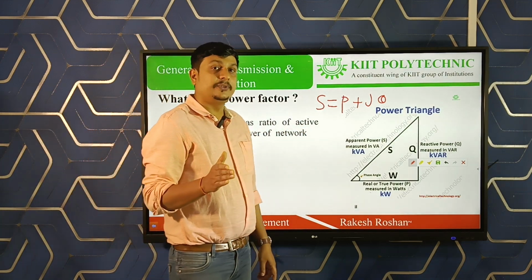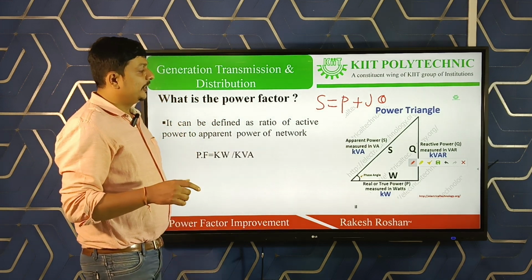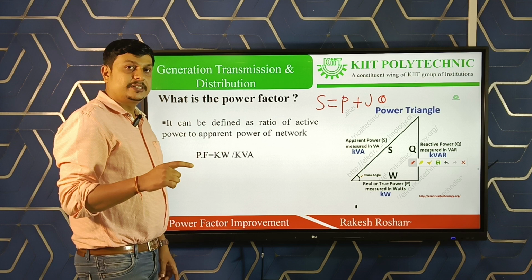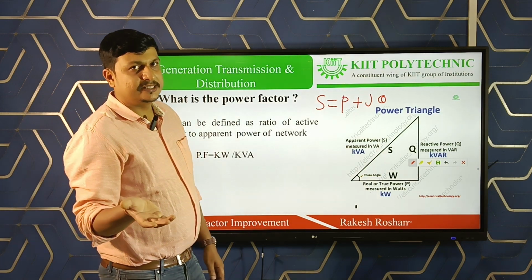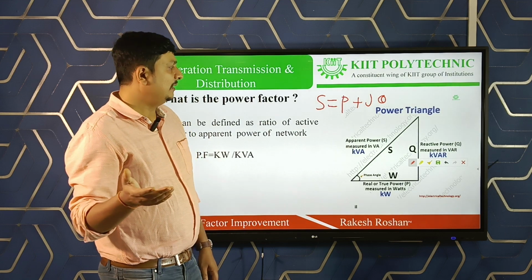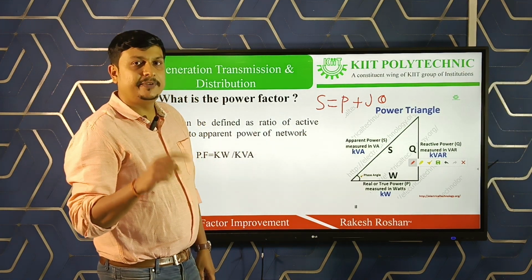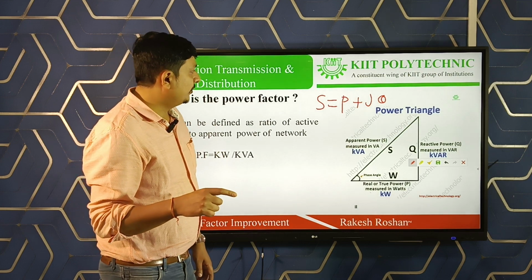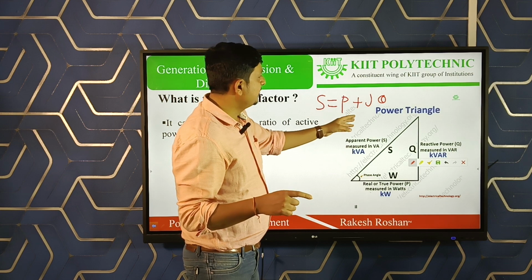The unit of apparent power is kVA, the unit of active power is kilowatt, or multiples such as megawatt and watt, and the unit of reactive power is kVAR.